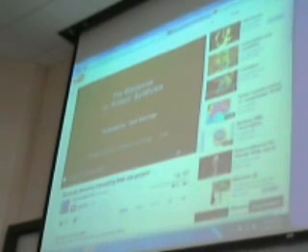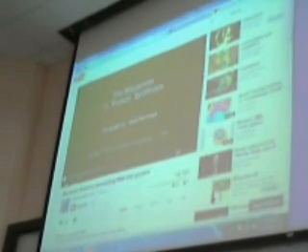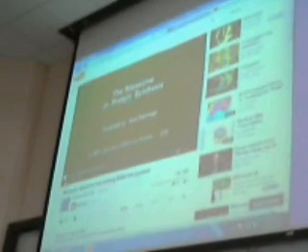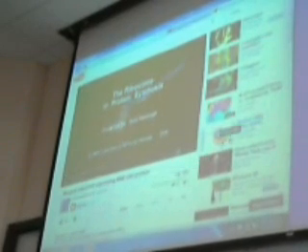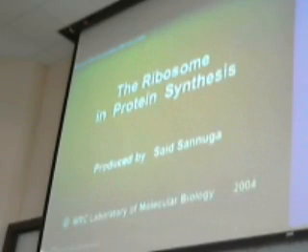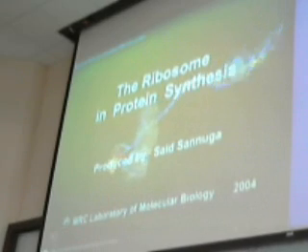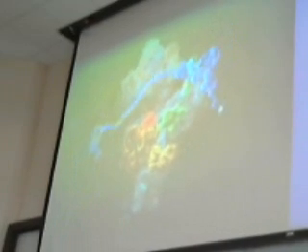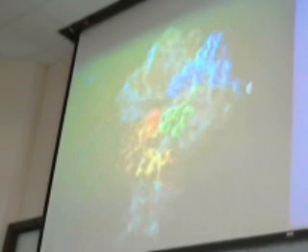So let me go back here, look at the other movie. Okay, so this is the overall process of protein synthesis now. You can see that the two subunits come together.